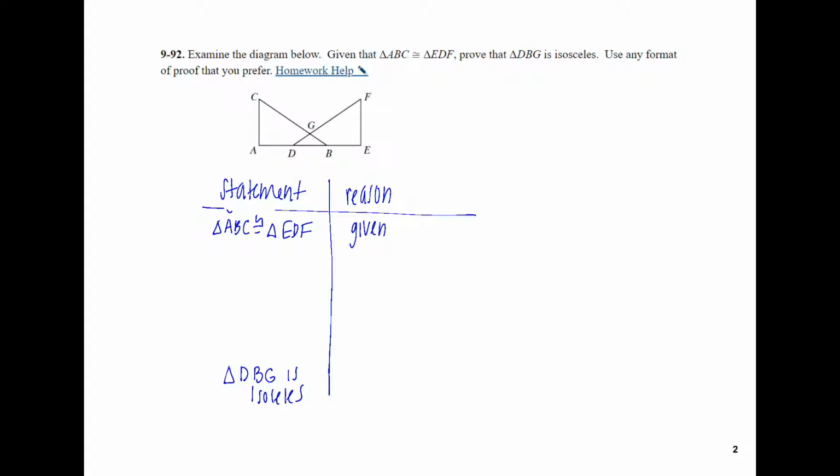So knowing that our triangle was given and our triangle is congruent, we know that angle B is congruent to angle D.